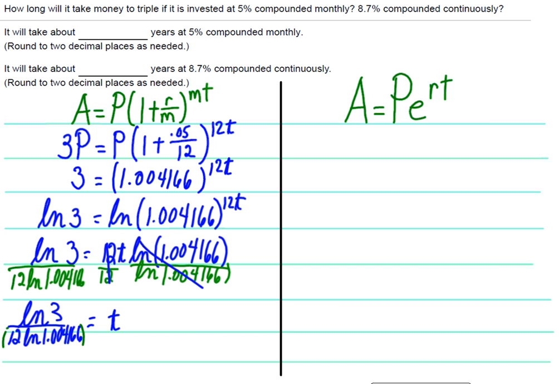And what that does is separate the numerator from the denominator. So we find out that t takes 22.02 years compounding monthly to triple the amount that we put in.